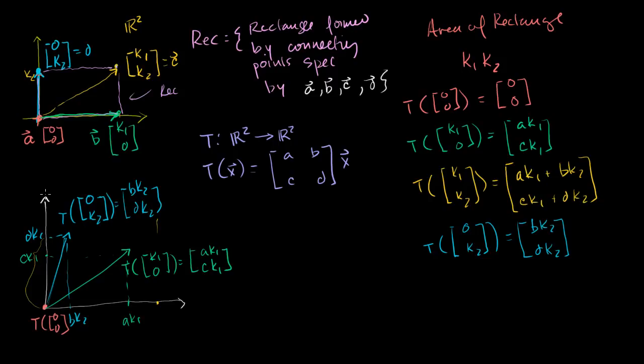So I'm going to add this distance to this whole distance over here, and I'm going to get right over here. So that vector is going to look something like that. That is the transformation of k1, k2.